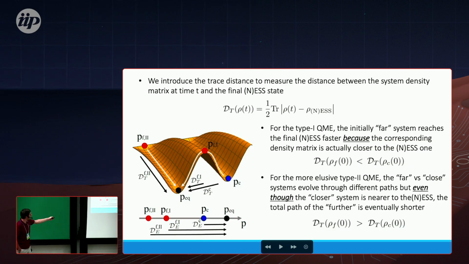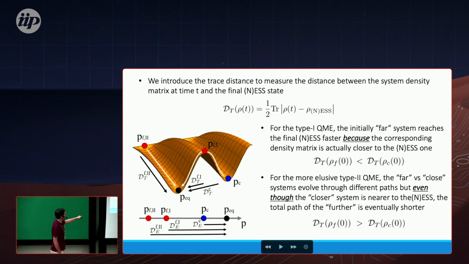So on this plane, we have the whole hyperplane of all possible density matrices of the system. Two things could happen. One thing is that the close system in parameter space is not the closest one in this energy landscape. So from time 0, the far system or the hot system is already close to the final point with respect to the blue one.